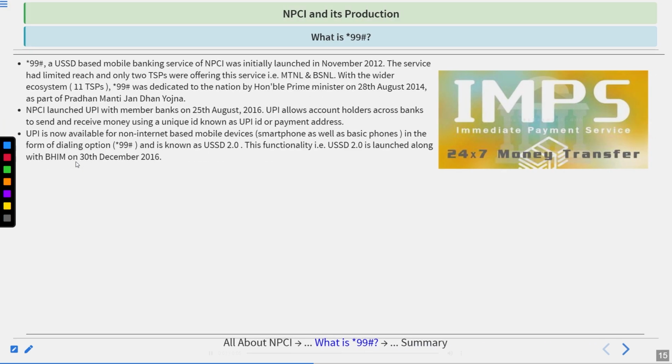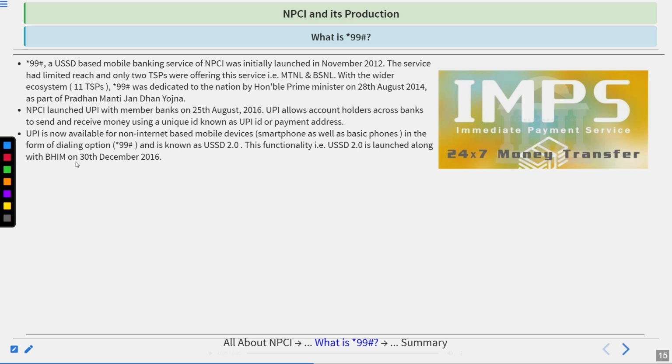What is *99#? *99# is actually a USSD based mobile banking service of NPCI that was initially launched in November 2012. The service had limited reach and only two TSPs were offering it, namely MTNL, Mahanagar Telephone Nigam Limited, and BSNL, Bharat Sanchar Nigam Limited.